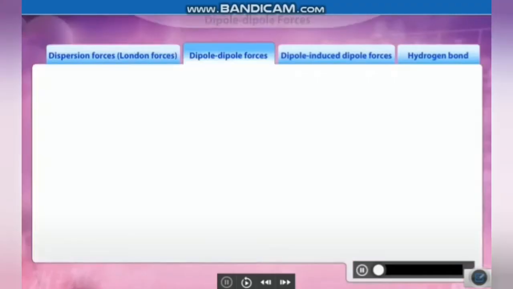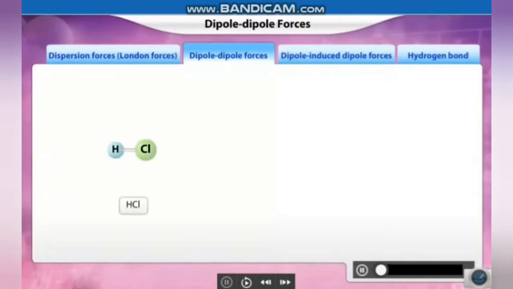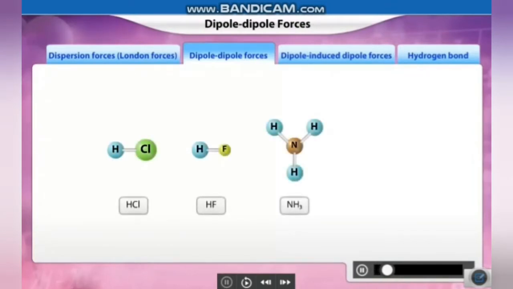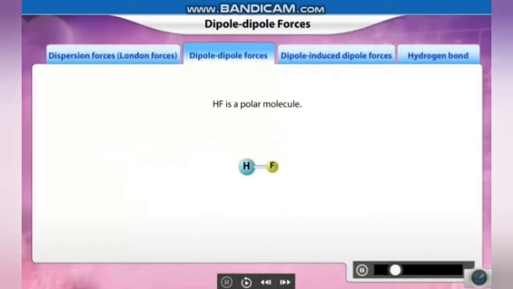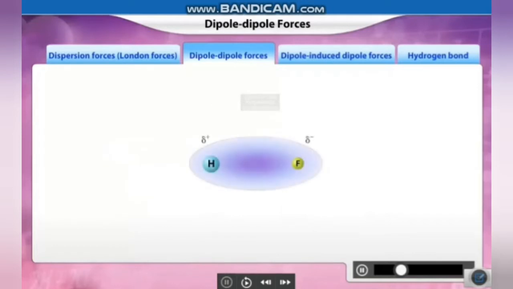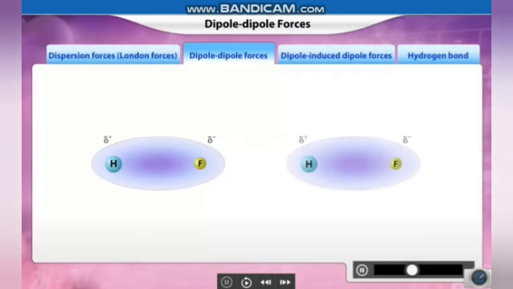Let us now learn about dipole-dipole forces. These forces exist between polar molecules like HCl, HF, NH3 and H2O. Let us now consider an HF polar molecule. Hydrogen and fluorine, fluorine being more electronegative, attracts the electron towards itself, developing a delta negative charge, hydrogen developing a delta positive charge.